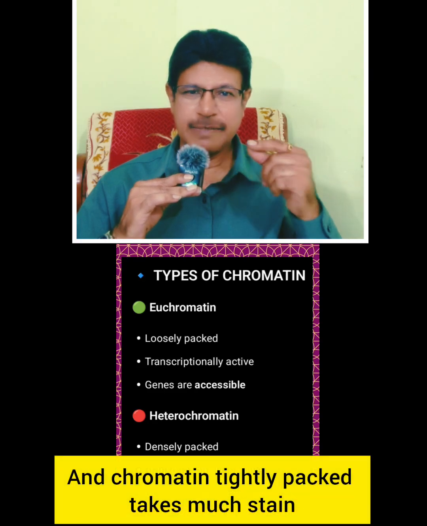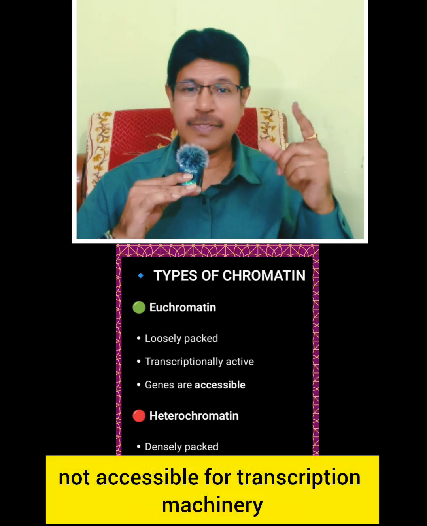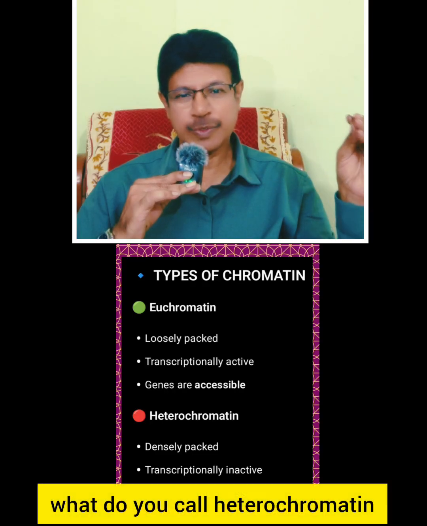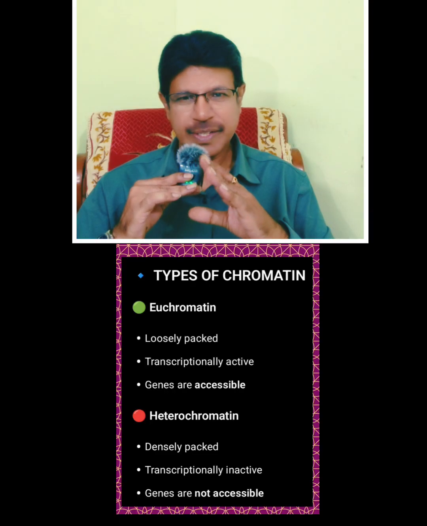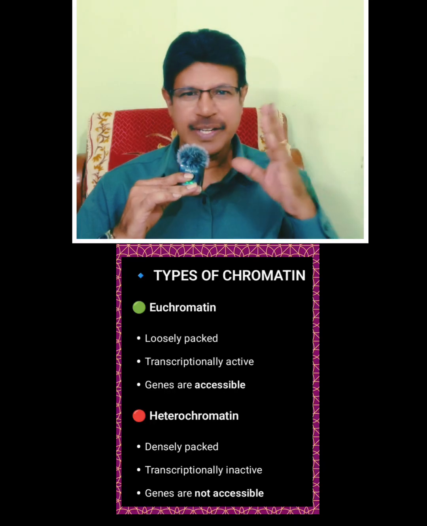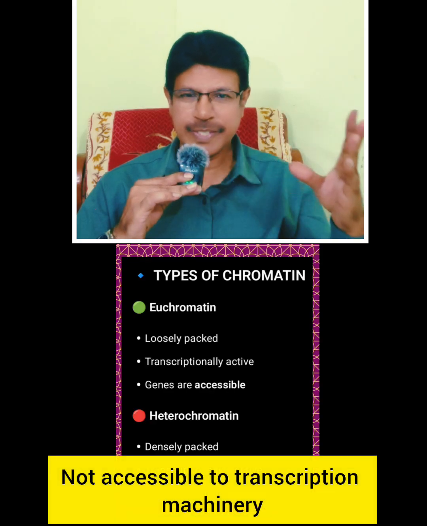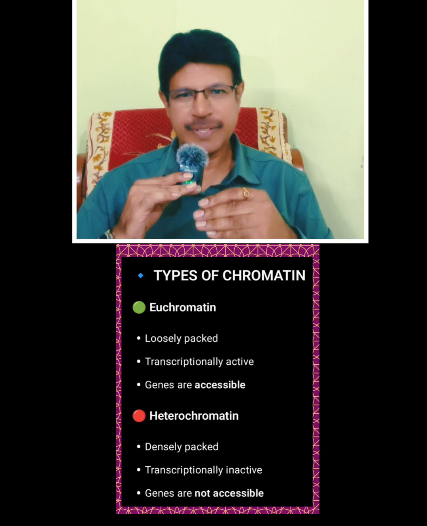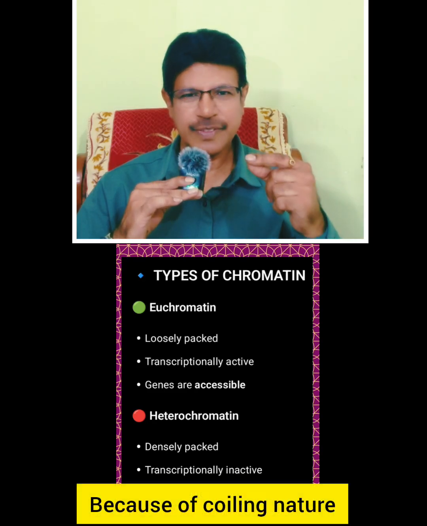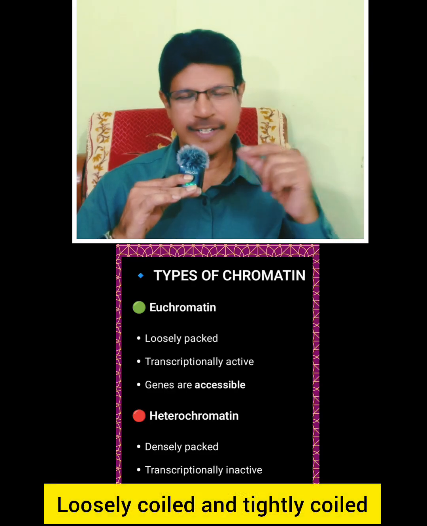Chromatin that is tightly packed takes much stain, is dark in color and is not accessible to transcription machinery. It is inactive, and we call it heterochromatin. So euchromatin is transcriptionally active and accessible to transcription machinery; heterochromatin is transcriptionally inactive and not accessible. Such differential stainability is because of what? Because of coiling nature, loosely coiled and tightly coiled.